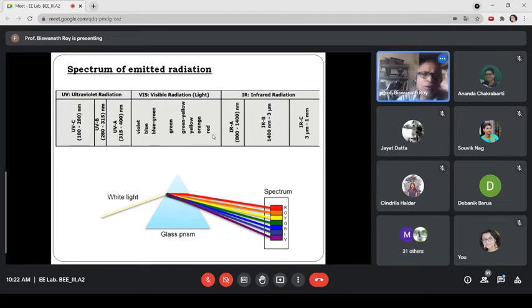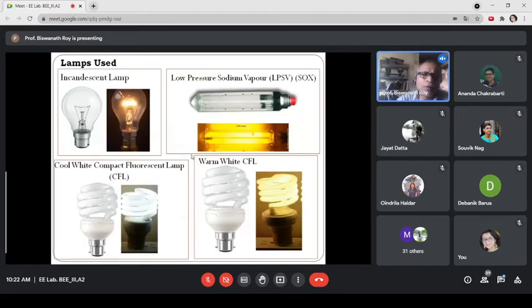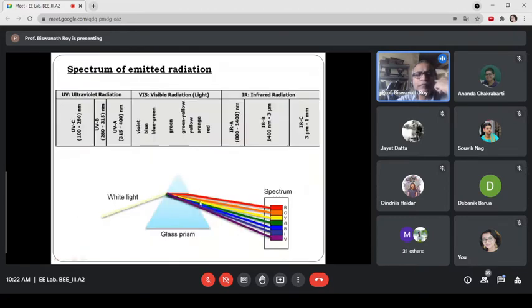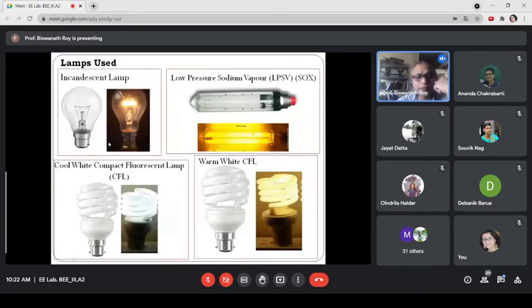But how is the light produced here? Why is the conversion efficiency of the tungsten filament lamp less? The tungsten filament lamp generates light by the physical phenomenon we call incandescence, and from there the name incandescent lamp is given.